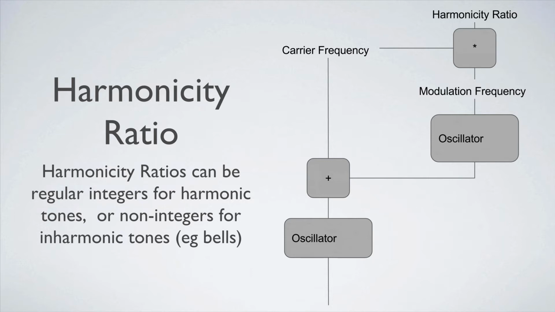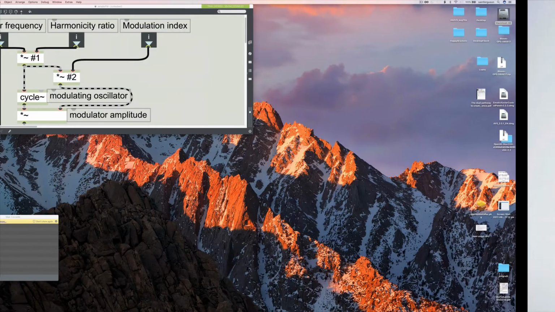So strings have harmonic tones, pipes have harmonic tones, but drums, where the sound goes across the circular drum head, or bells, where the sound goes around the bell, they make inharmonic tones. Let's have a listen.